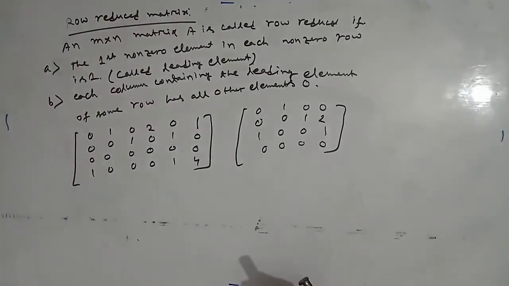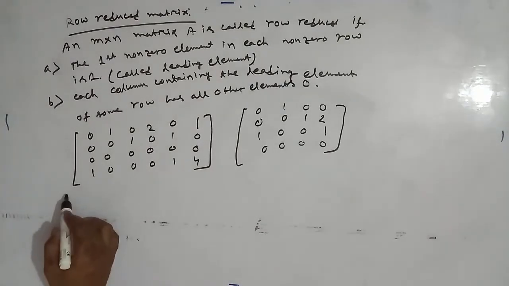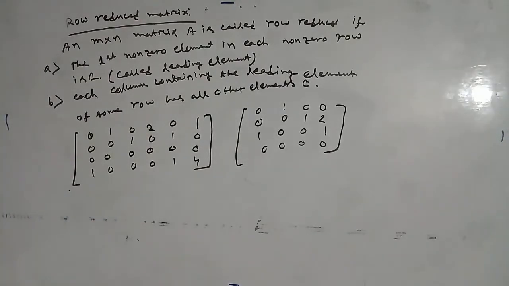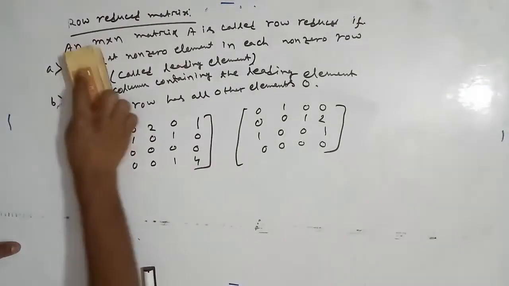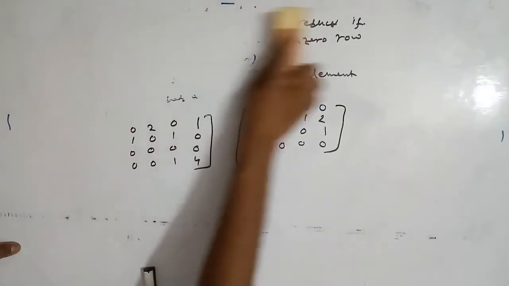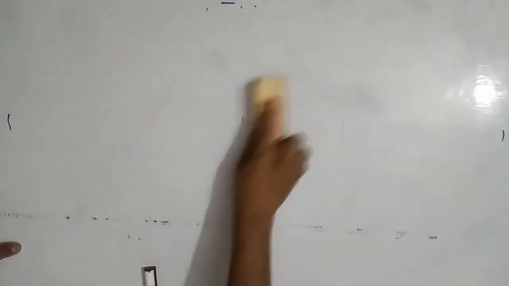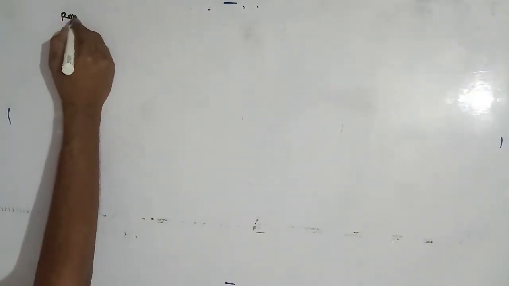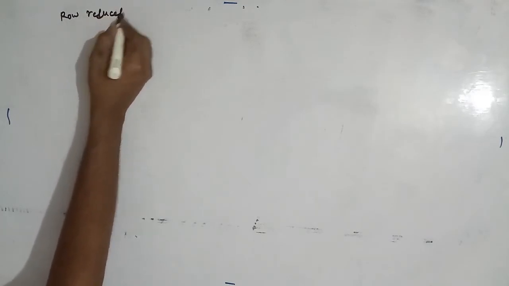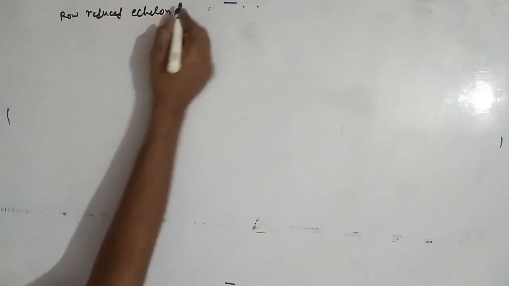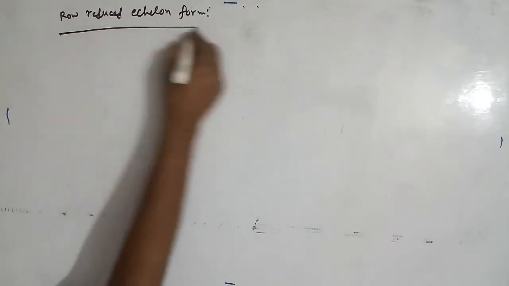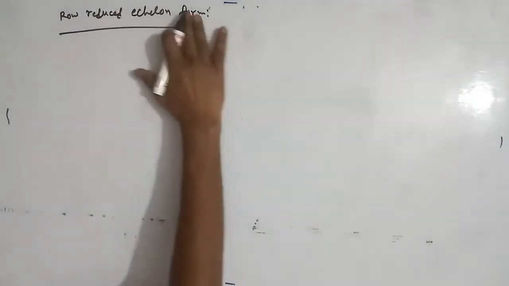Okay, so these are examples of a row reduced matrix. Now another form of matrix is called the row reduced echelon matrix. The next form I will discuss is the row reduced echelon form.